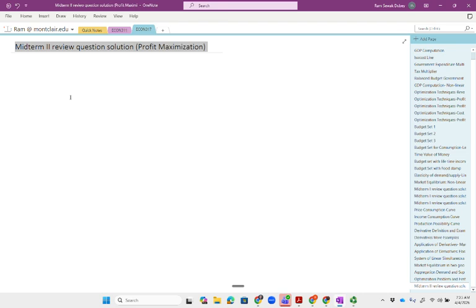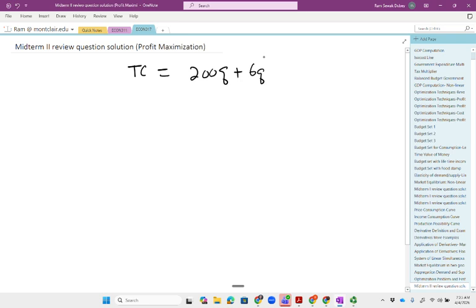So in this problem, we are given that the total cost is 200Q plus 6Q square, where Q is the output produced by the firm.